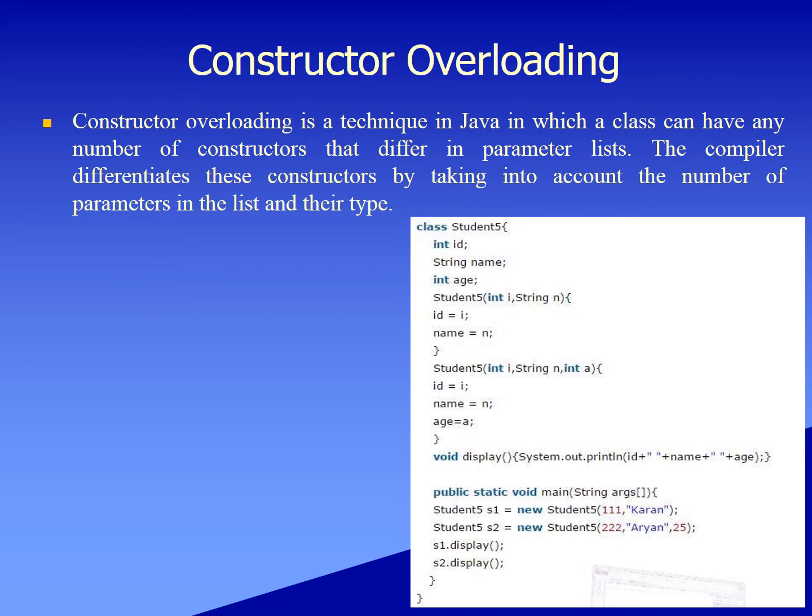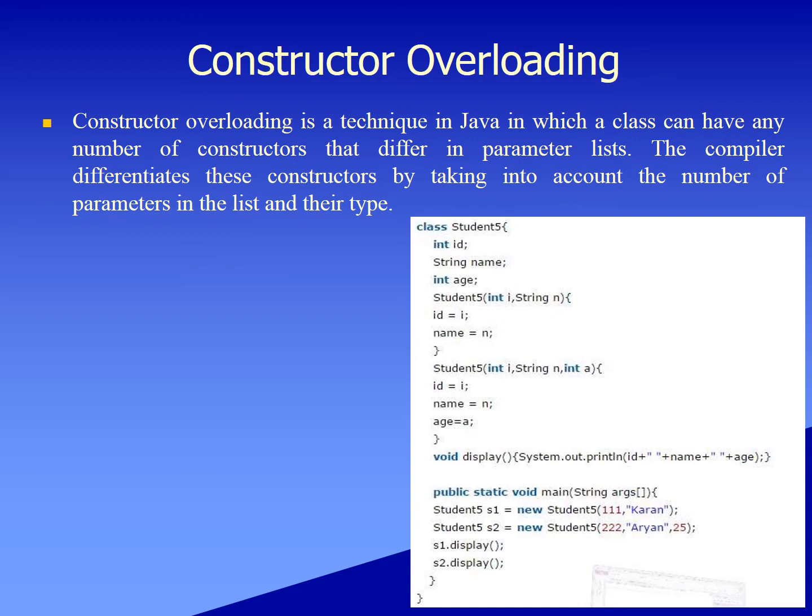Now void display, System.out.println, and here id, name and age will be displayed. After that is public static void main, and you can see Student5 s1 equals new Student5(1, name).